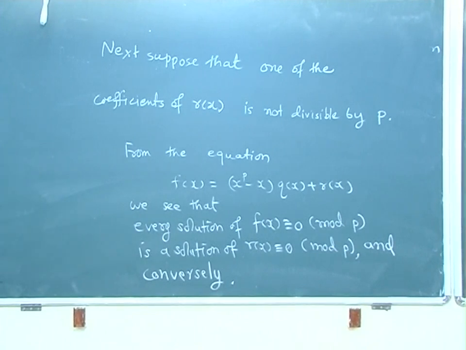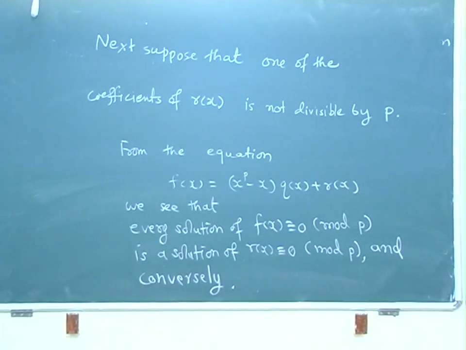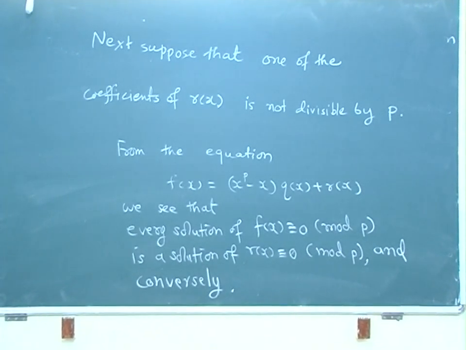So we have got a polynomial R(x) of degree less than p. This is a non-zero polynomial because at least one of the coefficients of R(x) is not divisible by p.